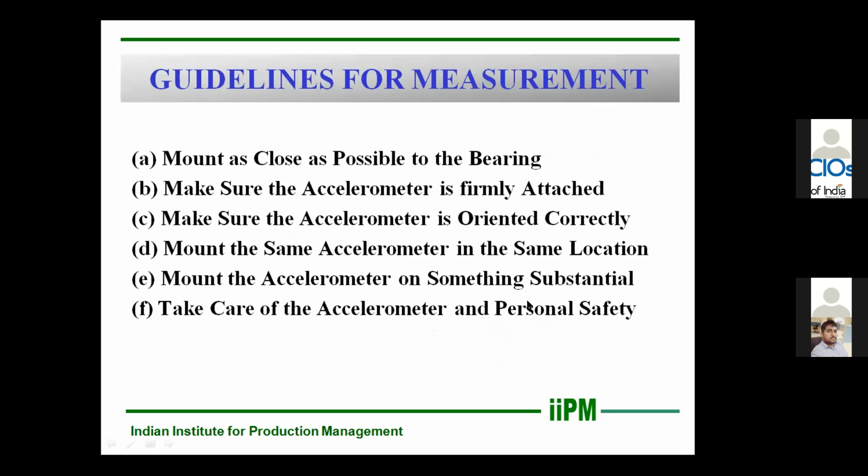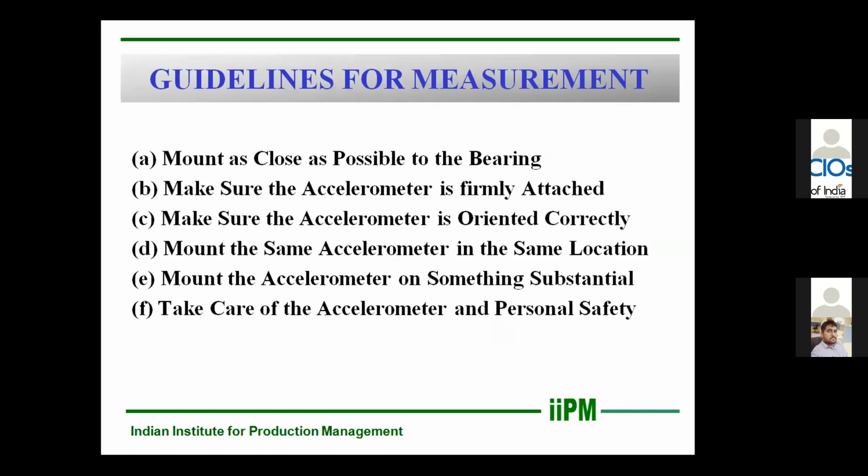So what are the guidelines for measurement? This should be a very important factor. How should we measure? Mount very close to the bearing. Whenever you are mounting the sensor, it should be at 90° to the bearing, most probably at the bearing center, and make sure your accelerometer is firmly attached.